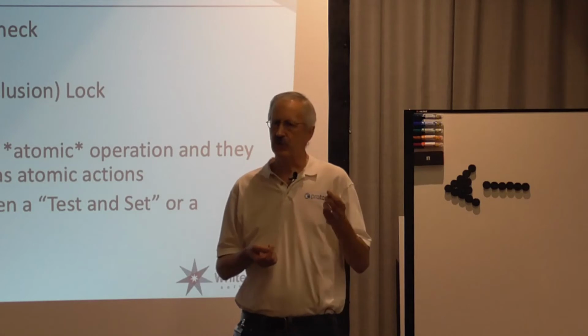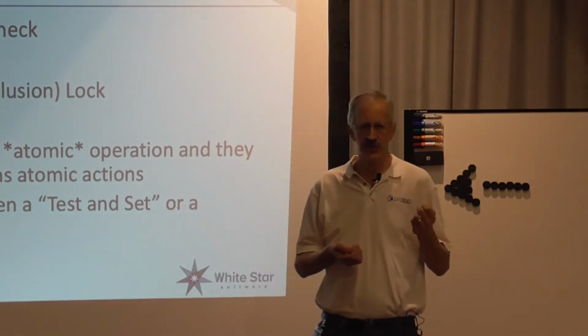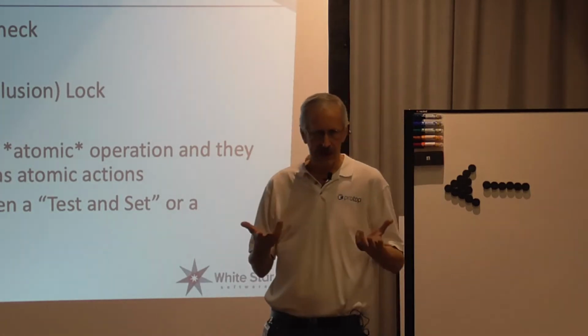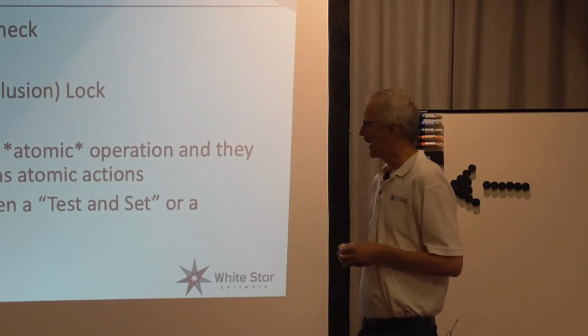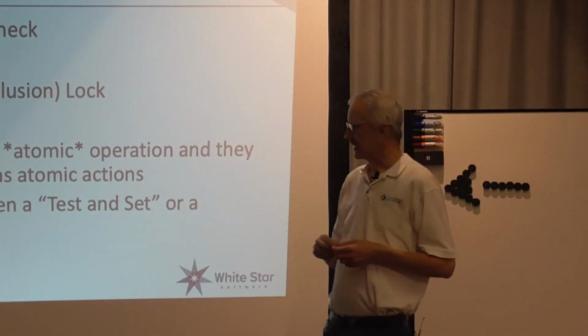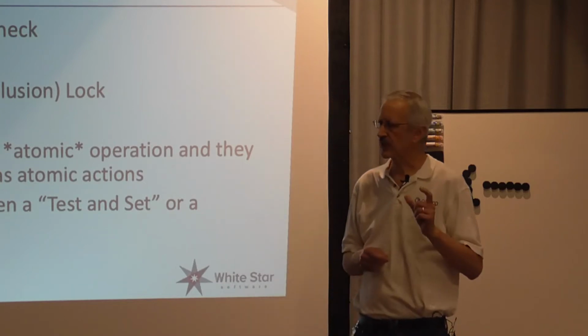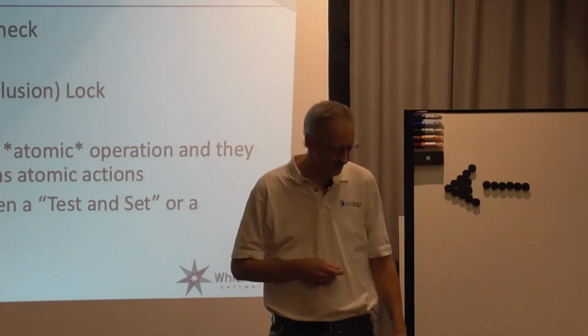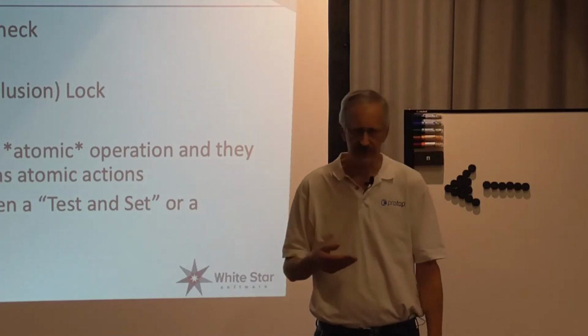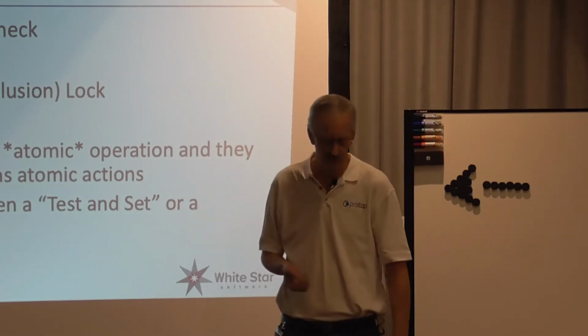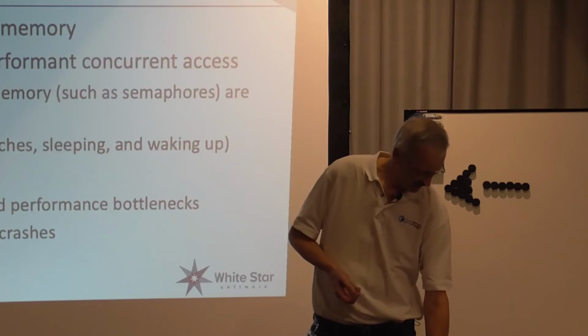So you can't have two instructions. It has to be a single machine instruction that locks the latch. And at the machine code level, this is frequently either a test and set or a compare and swap instruction. So it's an instruction that does two things at once. There are a couple of different ways that this can be done, but those are the two usual suspects.